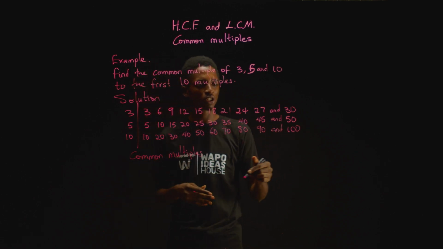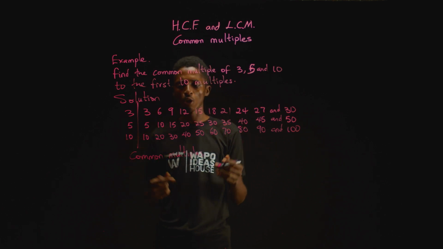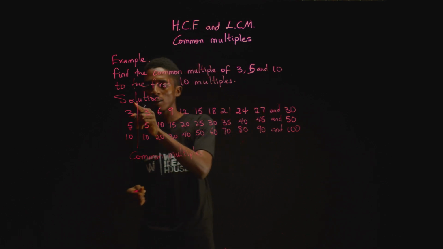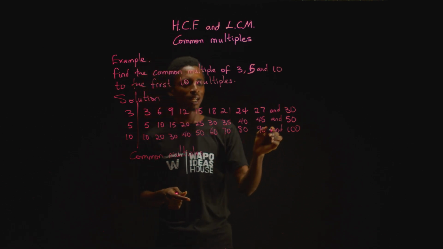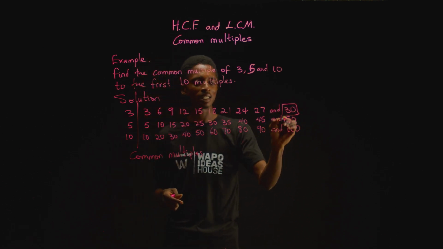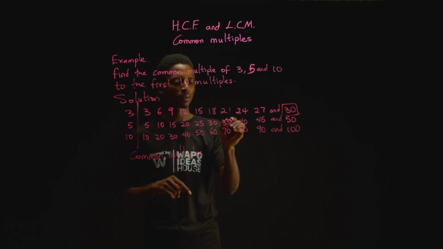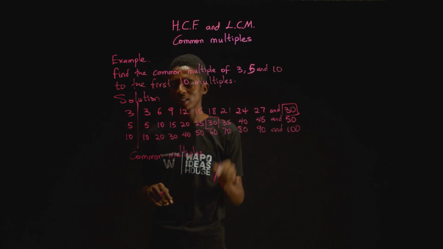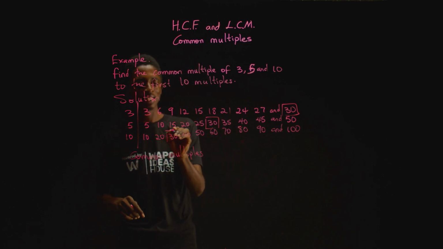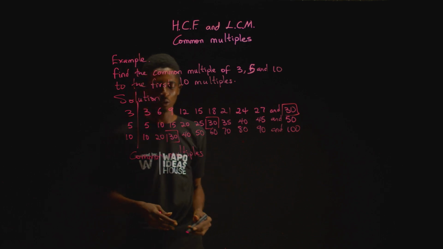If you check continuously, you will still find some that they have in common. But the one that is in common for the 3 of them in total is the number 30. As 30 appears in the multiples of 3, 30 appears in 5, and 30 appears in the multiples of 10.